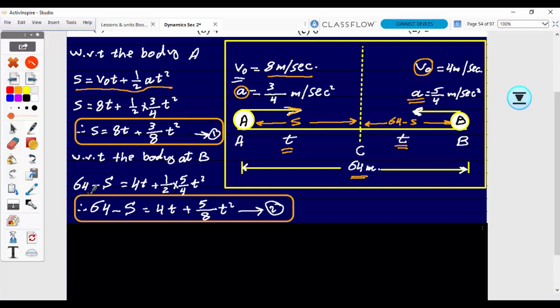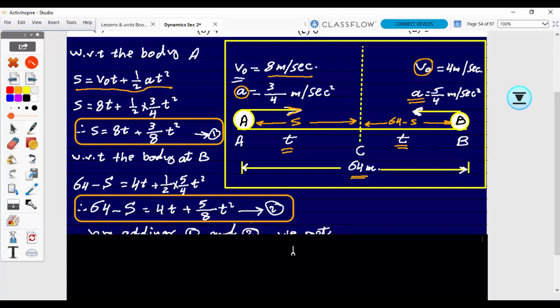Then 64 minus S equals 4T plus 1 multiply 5, over 2 multiply 4, it is 8, T squared. Now we have 64 minus S equals 4T plus 5/8 T squared.